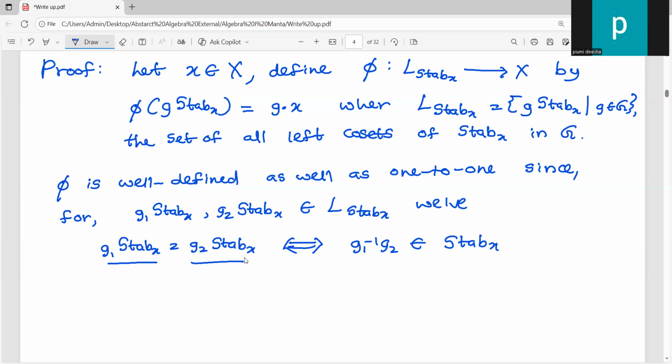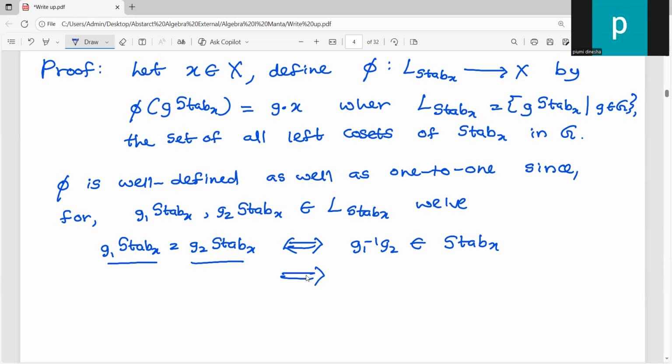And we know by a theorem that we discussed when we were doing cosets, if two left cosets of the same subgroup are equal, then for the representatives G1, G2, we must have G1 inverse G2 to be an element in that subgroup, right? So we are simply utilizing that property.